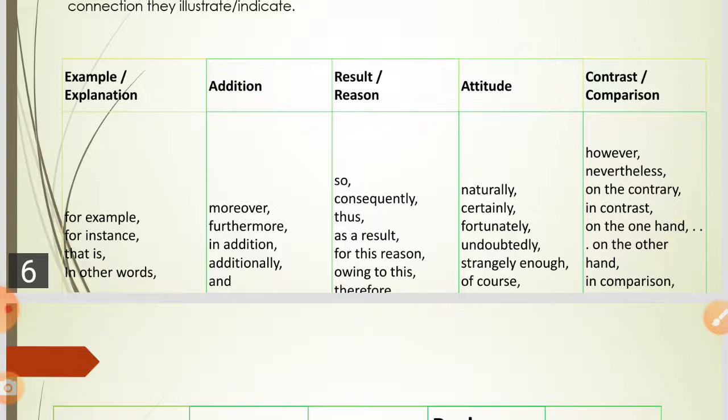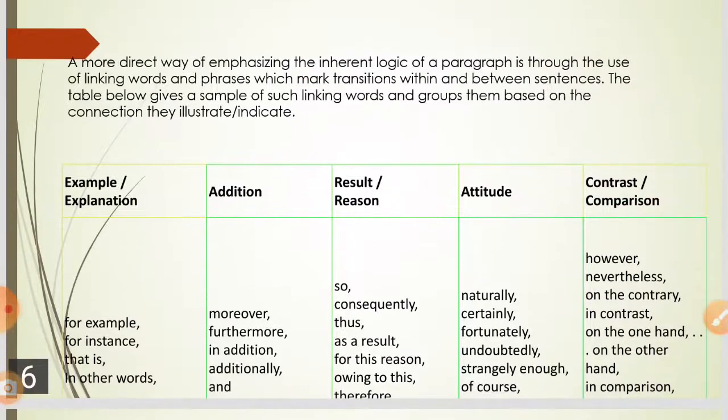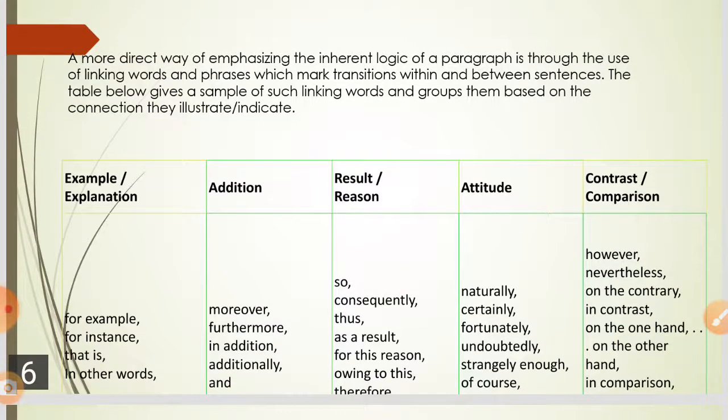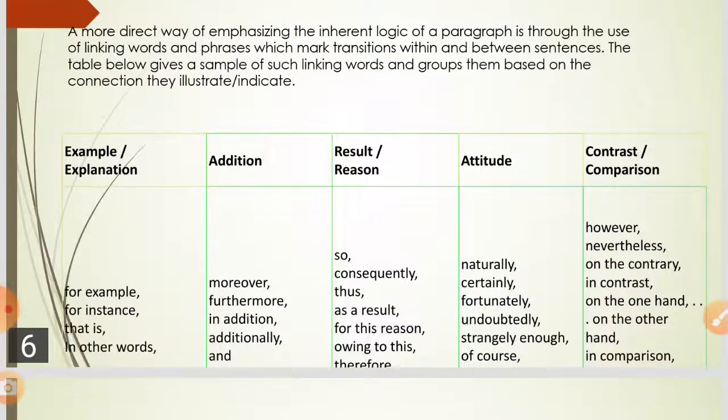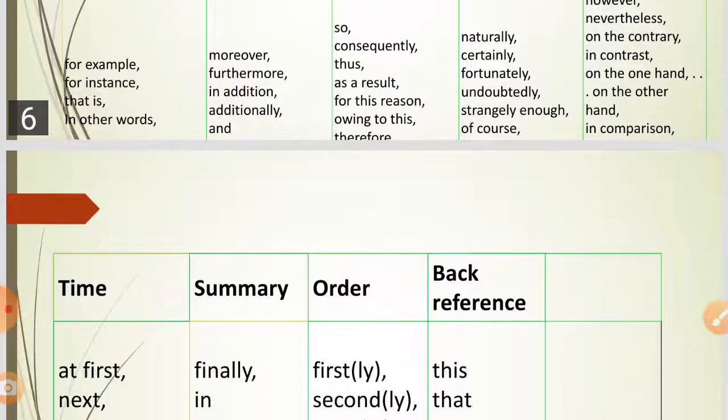Attitude: naturally, certainly, fortunately, undoubtedly, strangely enough, of course. Contrast and comparison: however, nevertheless, on the contrary, in contrast, on the one hand, on the other hand, in comparison. These emphasizing words in a paragraph improve the logicality of sentences because they illustrate the connection of ideas.